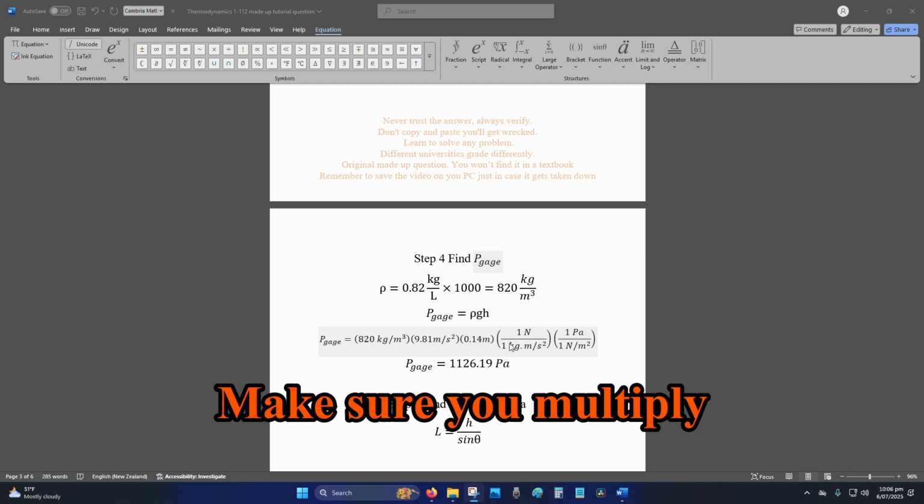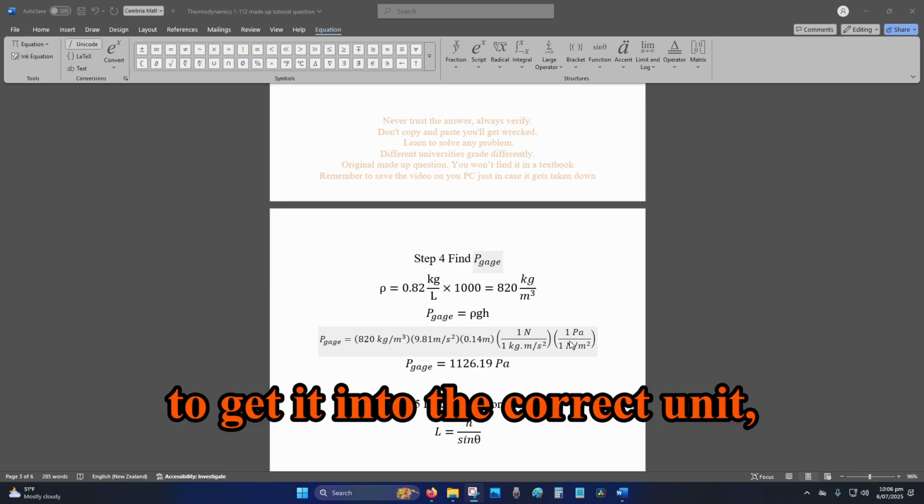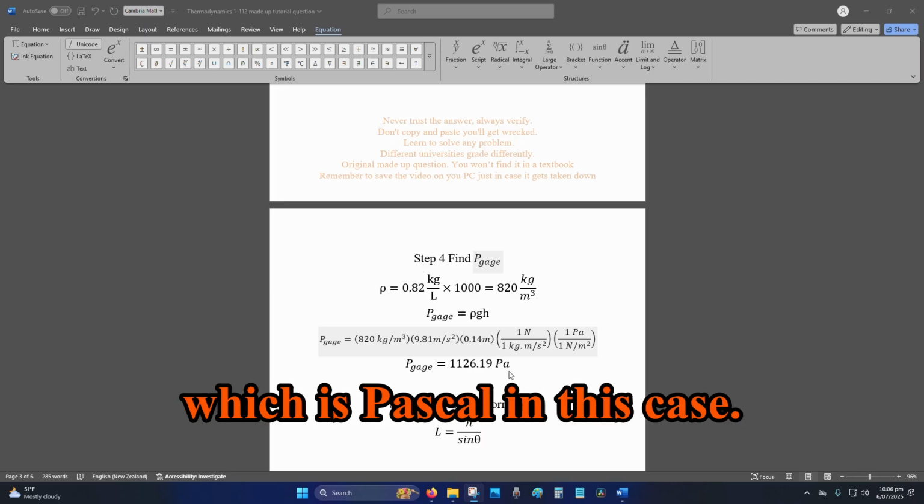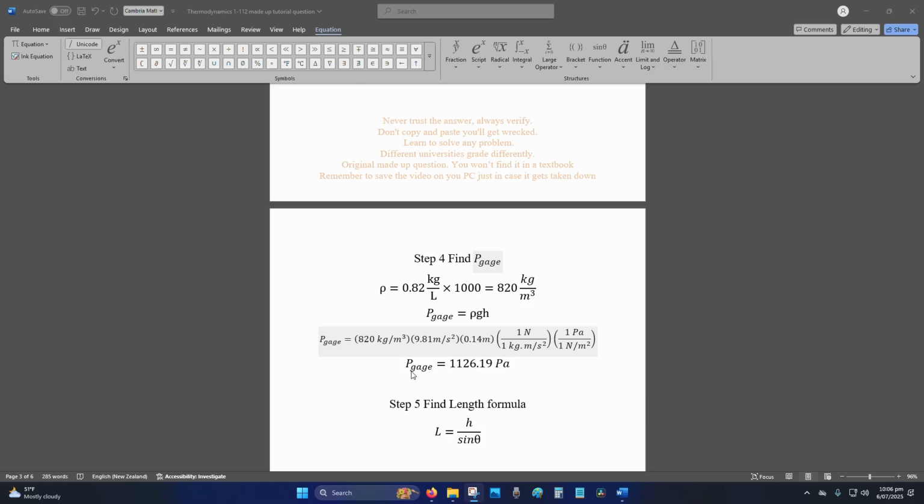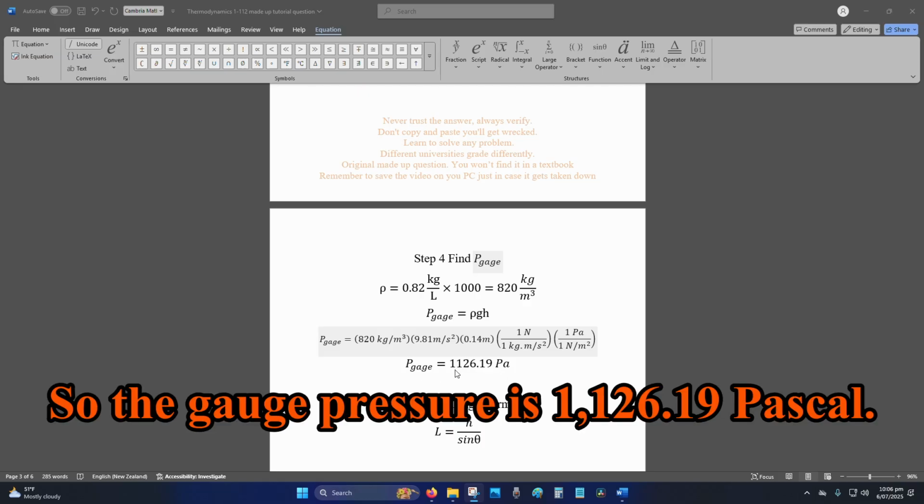Make sure you multiply your conversion factors to get it into the correct unit, which is Pascal in this case. So the gauge pressure is 1,126.19 Pascal.